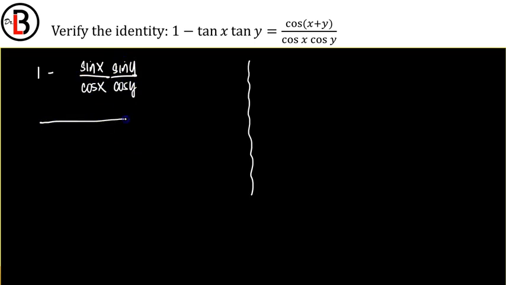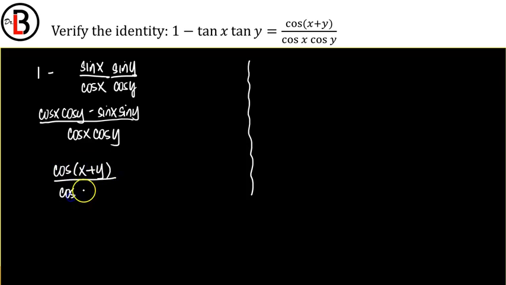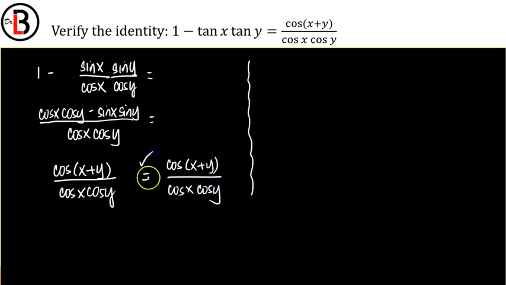So this one would then be cosine of x, cosine of y, and then on top it's going to be cos x cos y minus sine of x sine of y. And isn't it that here this is one of the sum and difference identities? That one gives us cosine of x plus y all over cos x cos y, which is actually the same as the one on the right. So in here, you can see that the identity has been proven.